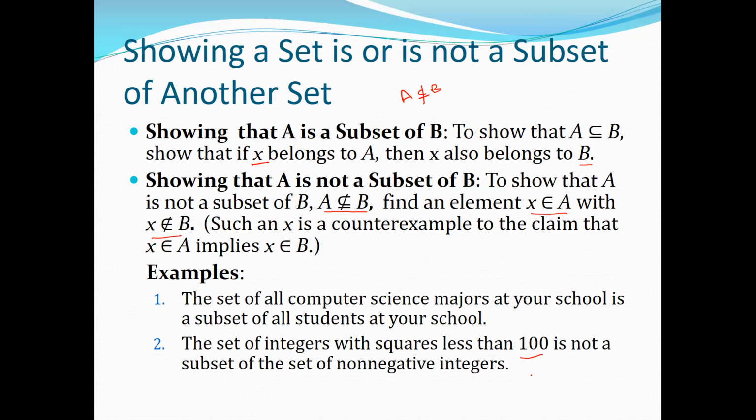But then the negative integers also have the same. For example, the square of 3 is 9 and the square of negative 3 is also 9, right? So what does it mean? The set of integers with square less than 100 is not a subset of the non-negative integers, because it also contains the negative integers. All right.